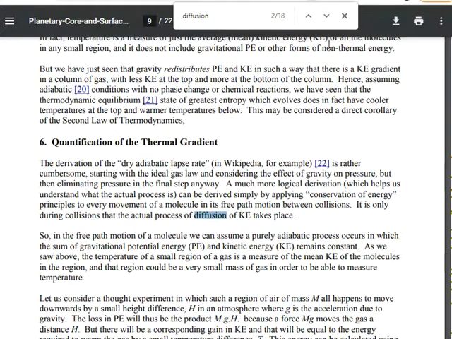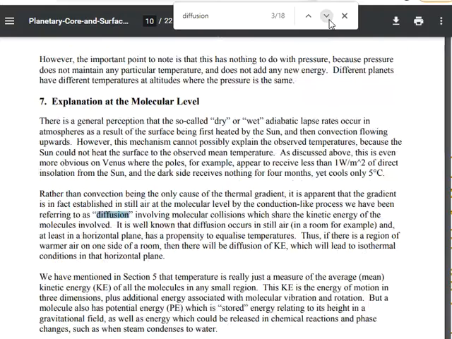So down here in section 6, he mentions the diffusion again. We are in section 7. So diffusion, what he has just described, is the adiabatic lapse. It's like a word that he has used already for adiabatic lapse.